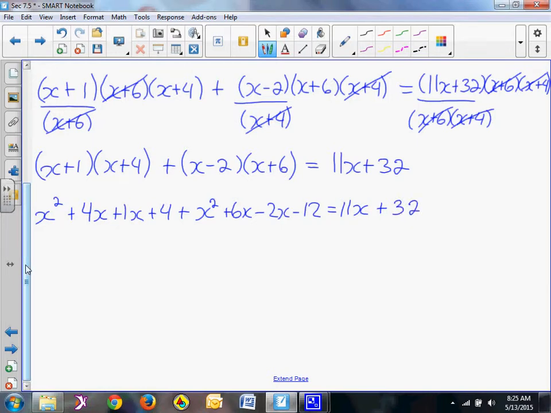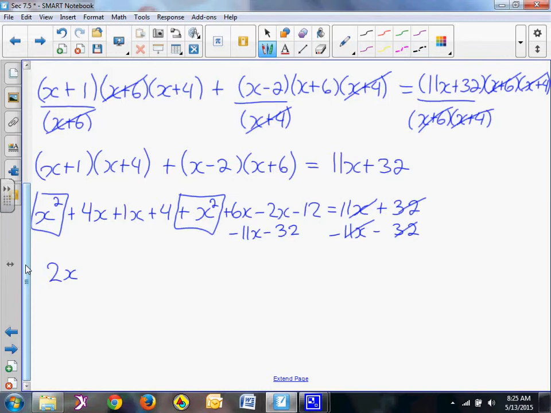Because I have x squareds, I'm just going to move everything over to the other side. So I'm going to subtract 11x from both sides, and then subtract 32 from both sides. So those go away. Now I'm going to combine like terms. I have an x squared here and an x squared here, so 2x squared.